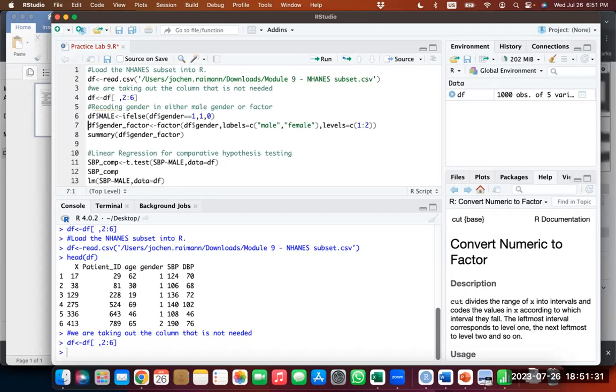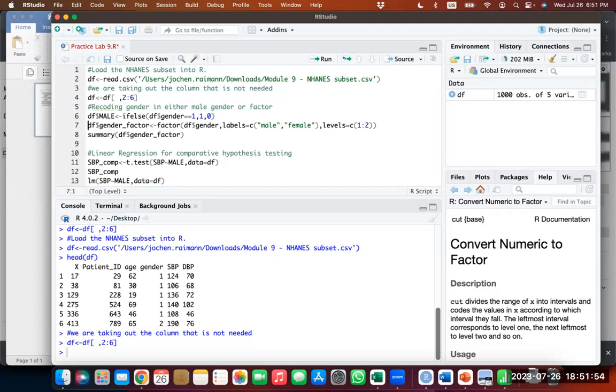It's beyond me why SAS is doing that, but it's kind of the standard. So every SAS analyst will code this into 1s and 2s. As soon as you get a SAS data set, make sure that you understand in which way this is coded. So we're recoding this into male gender, which is either 1 or 0.